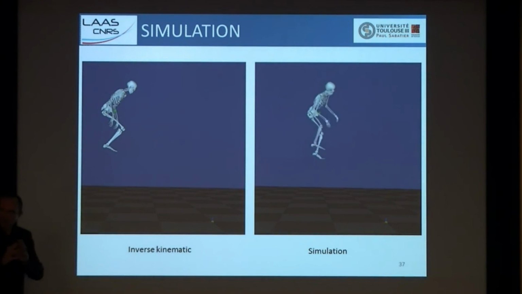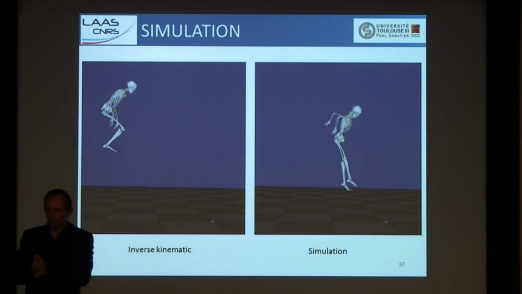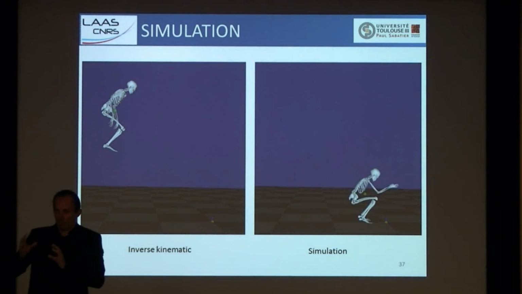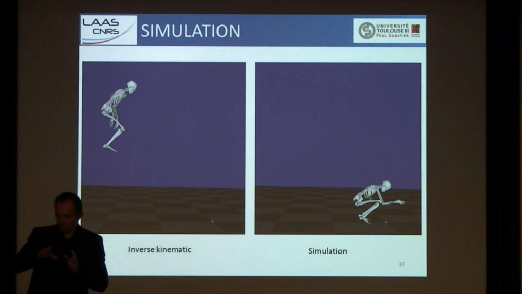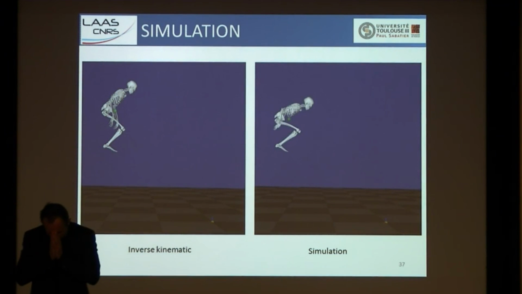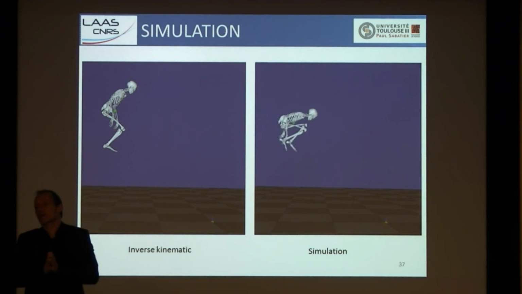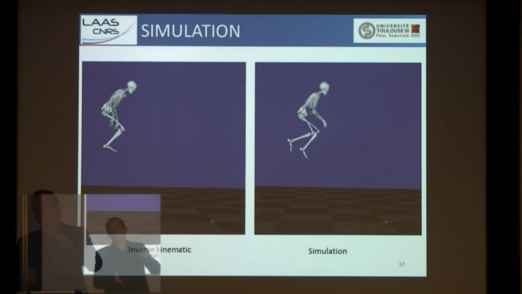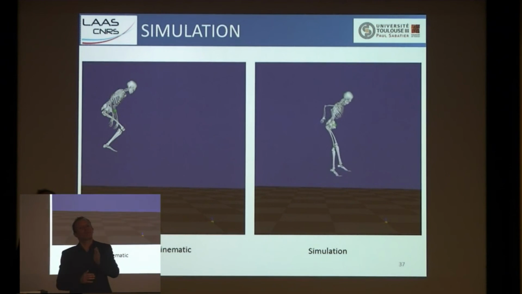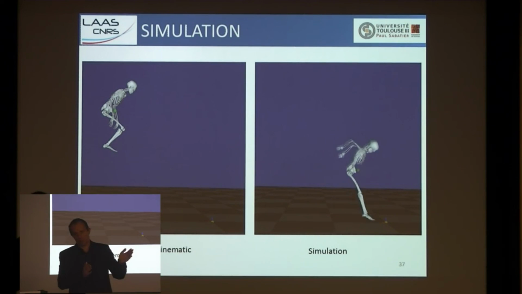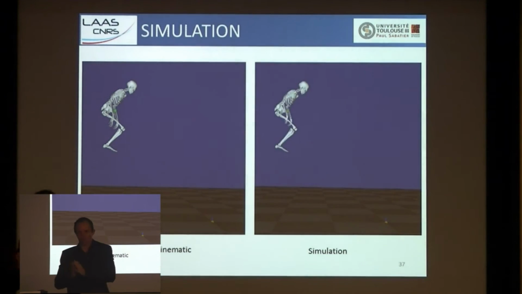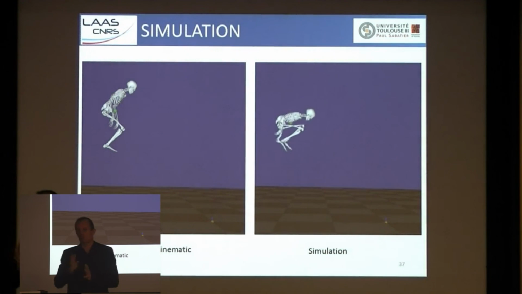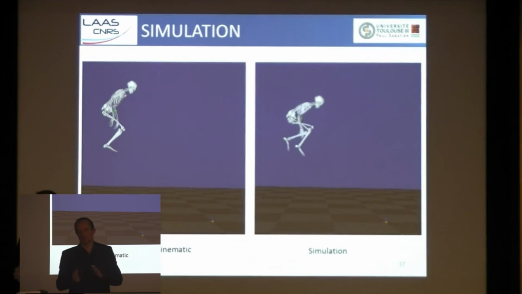And in each phase, we minimize a different cost function. During the propulsion, we tend to minimize, for example, angular momentum. During the initiation, we are trying to control the posture of the subject, minimizing the final position. But I will explain perhaps more details later what we minimize in each. So we divided the motion in 4 phases and we minimize different cost functions.